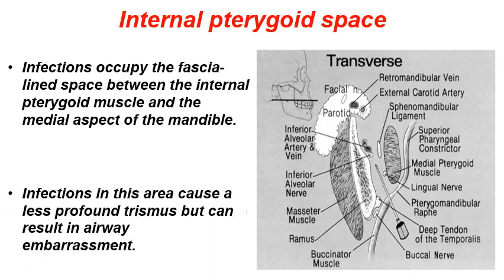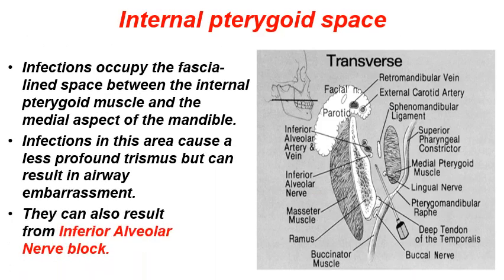Infection can reach the pterygomandibular space also during injection of the inferior alveolar nerve block, where the needle touches the bone inside this space. I remember a case back in the 90s which came complaining of severe trismus, a couple of weeks after trying to do endodontic treatment in a severely inflamed lower first molar with pulpitis.